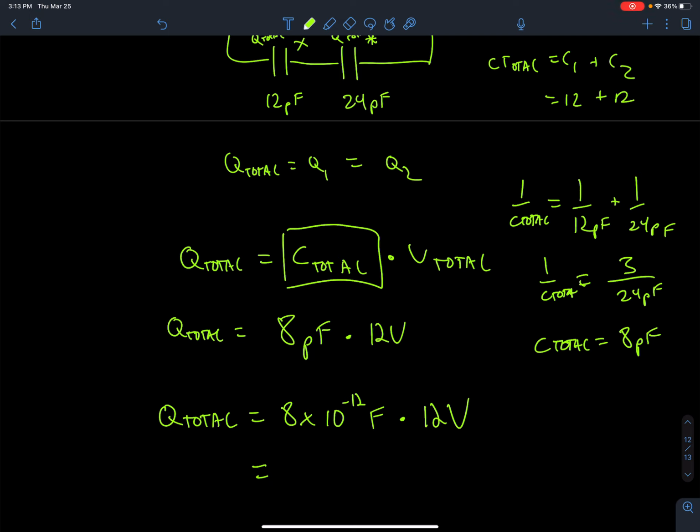So if I do this in my calculator really quick, 8 EE 12 minus times 12 gives me 9.6 times 10 to the minus 11 coulombs. Okay, so that's my total charge, okay?